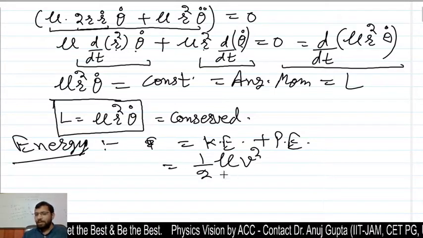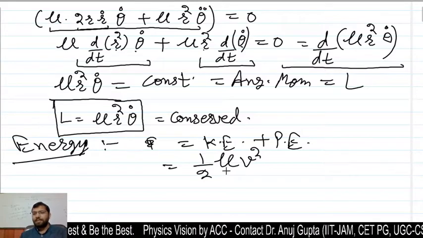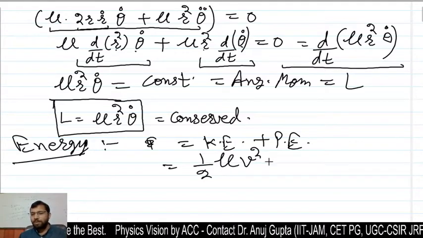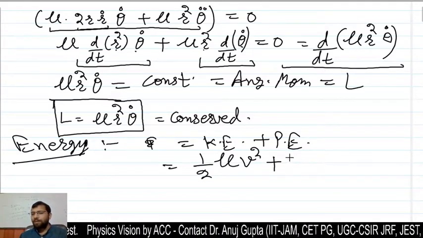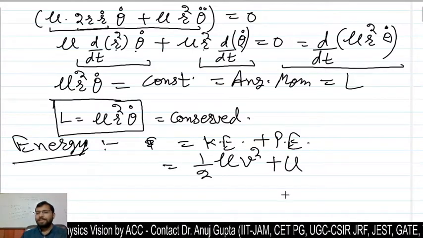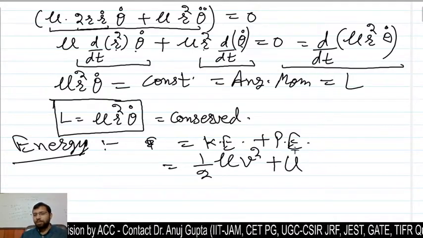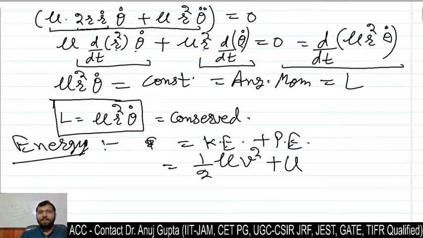Here mass is replaced by reduced mass. So it is half mu v square plus potential energy जो भी होगी, that is let's say u. U is general notation for potential energy, हमने पहले भी लिखी थी.